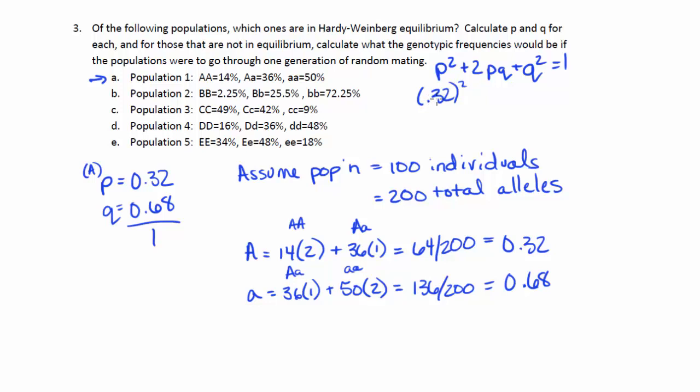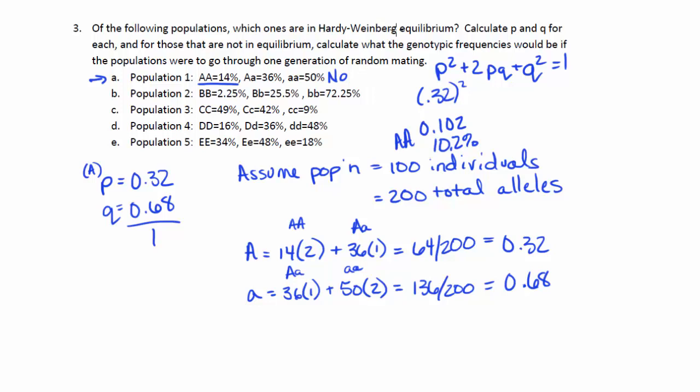If we take 0.32 and square it, that is equal to 0.102 if we round it, or in other words, 10.2%. And so that should be the frequency of big A. But if we look over here, the frequency of big A is actually 14%. So based on that, no, this population is not in Hardy-Weinberg equilibrium because our frequencies are not matching.